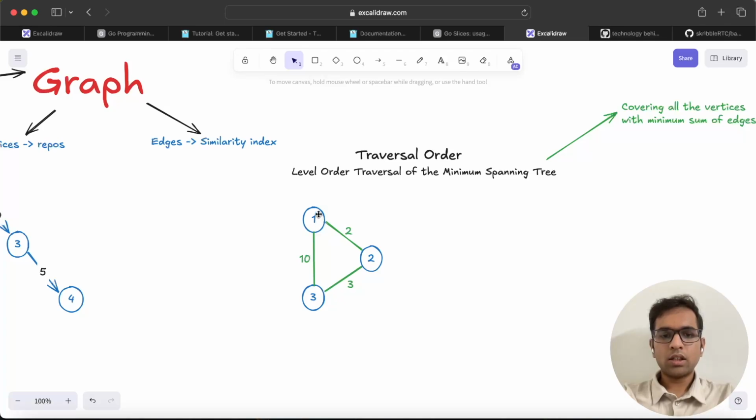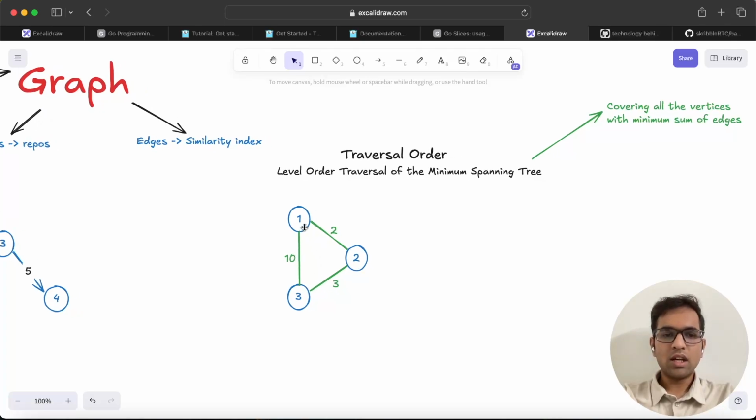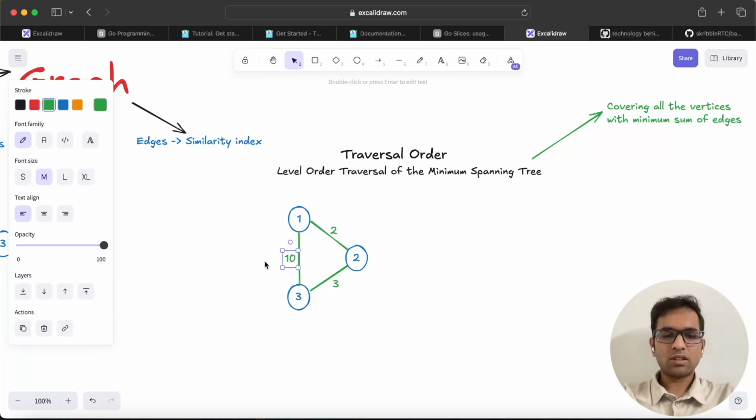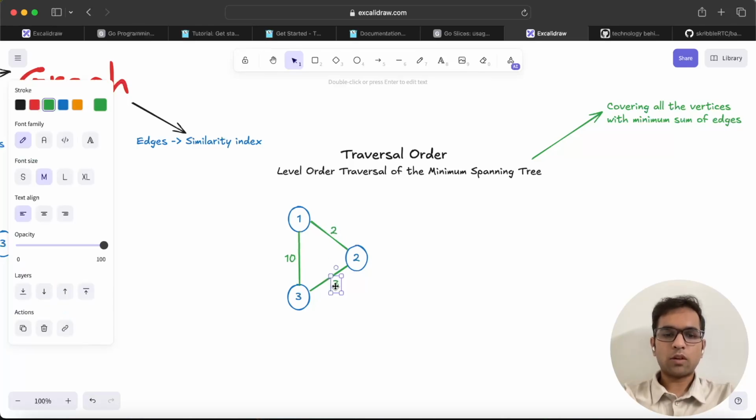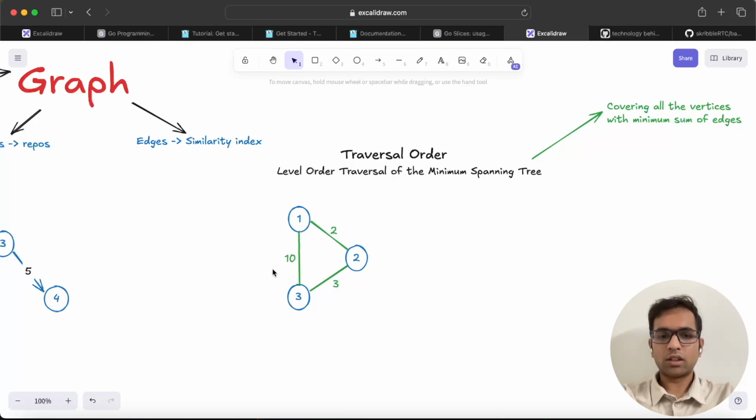Along with that, the sum of the edges that we are traversing through should be the minimum possible. So in this case, we cannot go from 1 to 3 or 3 to 1 because the edge is 10, which is too large, and we have to follow this way, like 3 to 1 or 1 to 3, which will give us the sum of edges as 5, which is smaller than any other case, right?